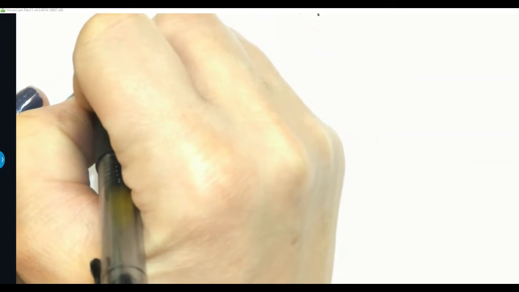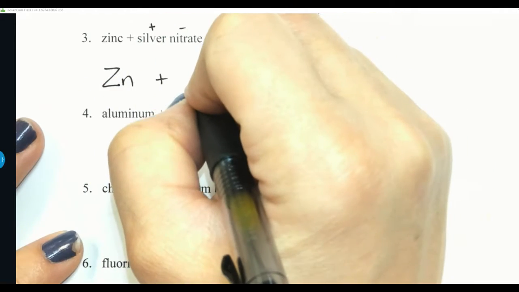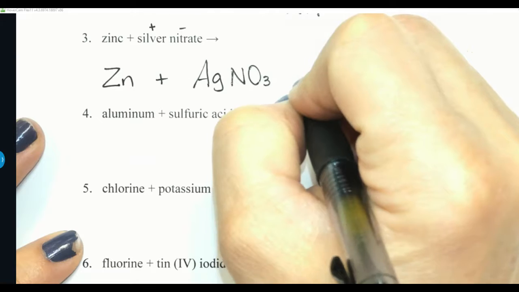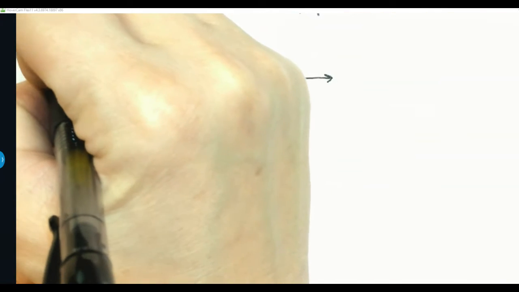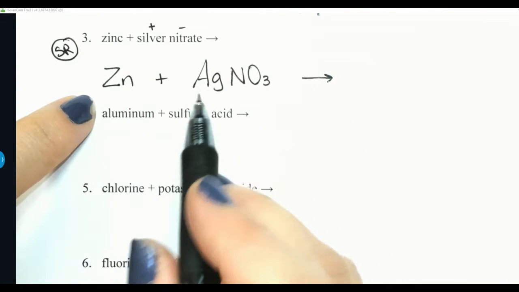We have zinc metal plus silver nitrate. Silver has a +1 charge and nitrate has a -1 charge. So those are going to cancel out. So silver nitrate is AgNO3. This is a single replacement reaction. So the question is, will this work?